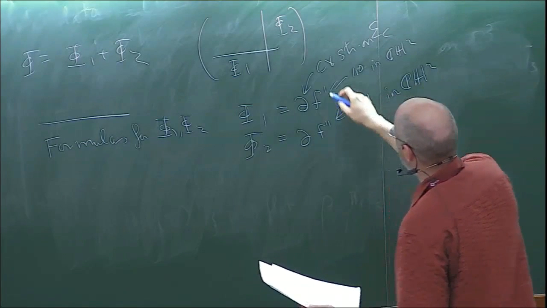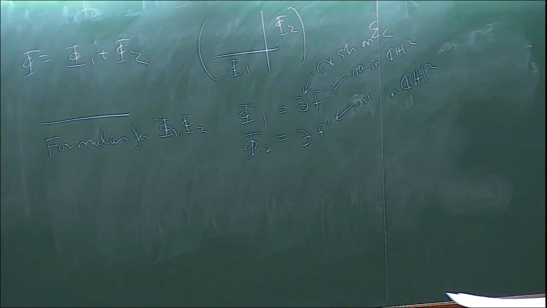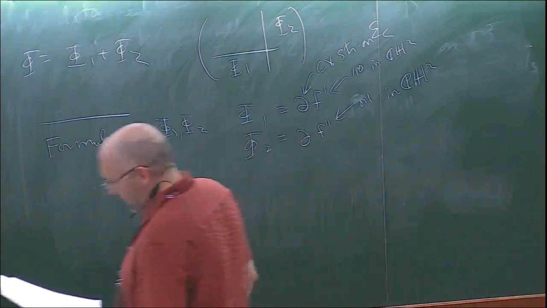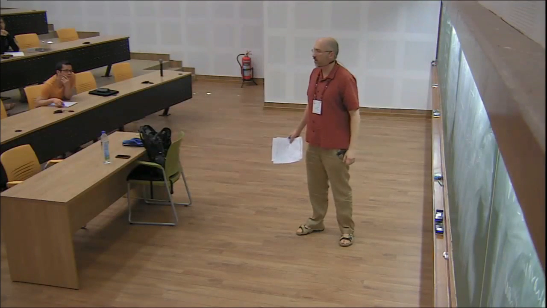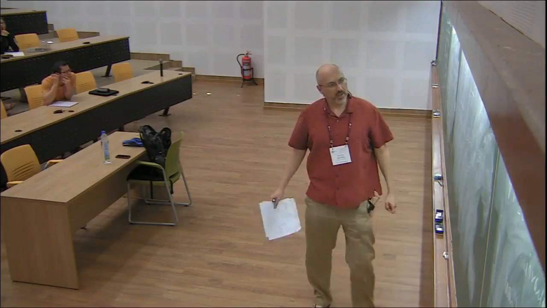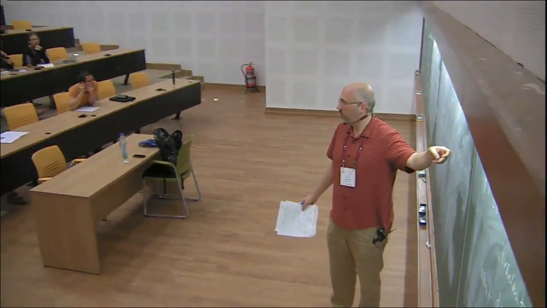Okay? All right. And so these components of the Higgs field can be gotten in terms of just taking various parts of the differential df in terms of the complex structure on the domain and the target. Okay?